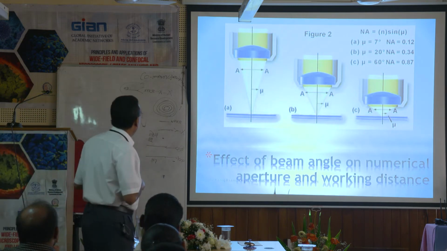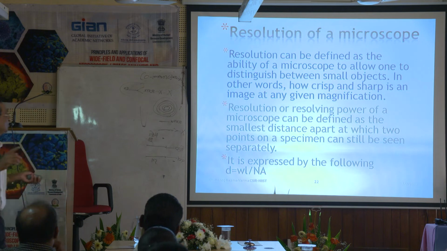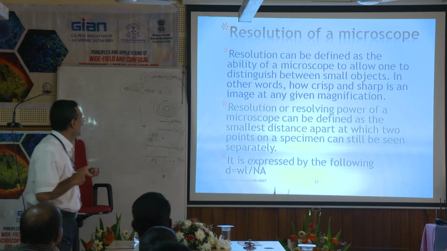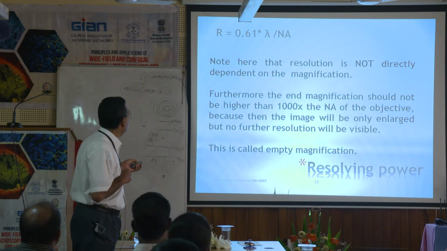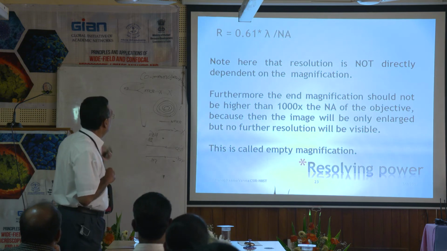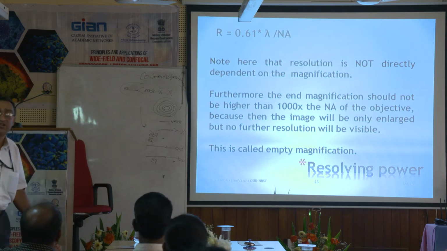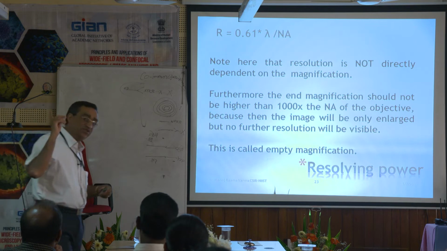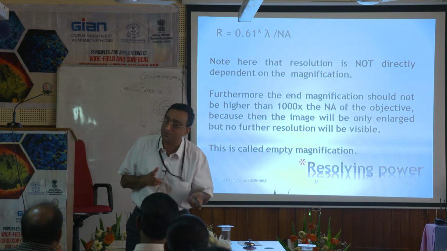Now the resolution I have defined as wavelength divided by numerical aperture, and here I am going to explain why a magnification of more than 1000 is not possible.